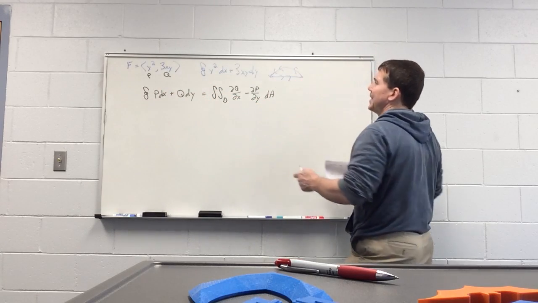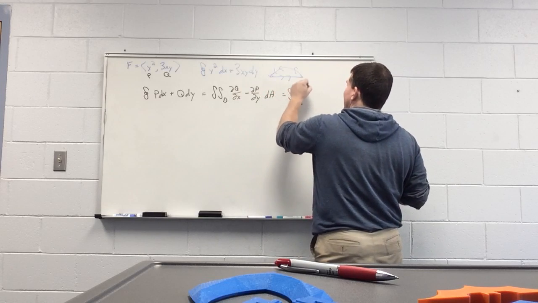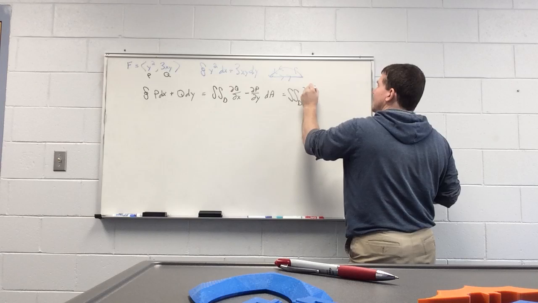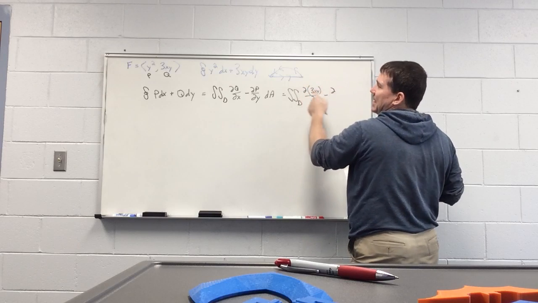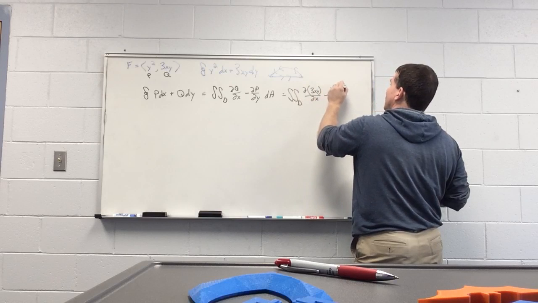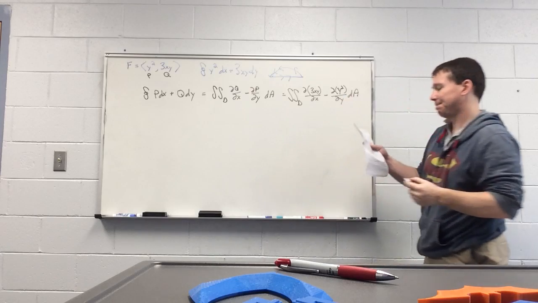Now I just need to plug into this. So that's the double integral of dQ, which is 3xy, with respect to x, minus dP, which is y squared, with respect to y, dA.